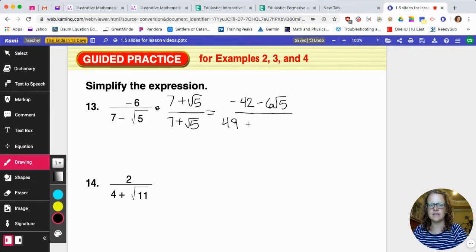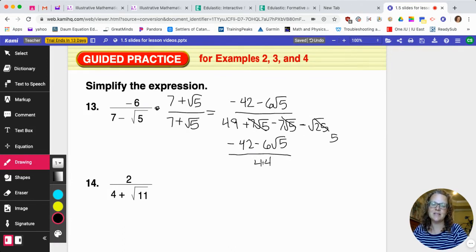Outer is positive 7 root 5. And you can skip this step as you get more used to it because those middle terms are always going to cancel. Okay, it's kind of magic. So that gives me -42 minus 6 root 5 over, those cancel. That becomes a 5. 49 minus 5 is 44.